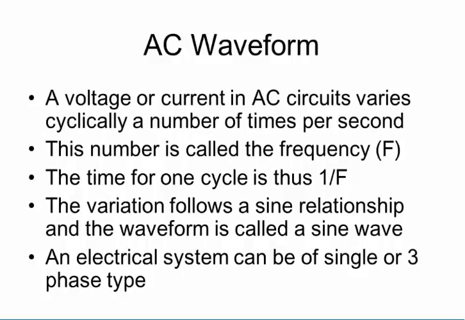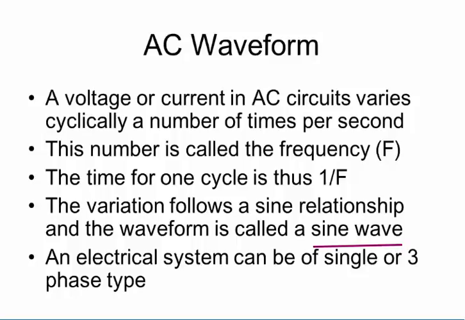Okay, so the waveform that is being used as a reference is what is referred to as a sine wave, and the sine wave has a couple of characteristics. The main being a magnitude, and the other one being the frequency.